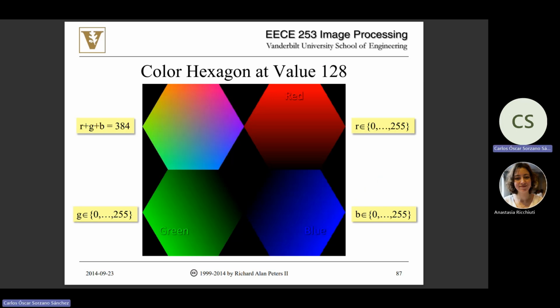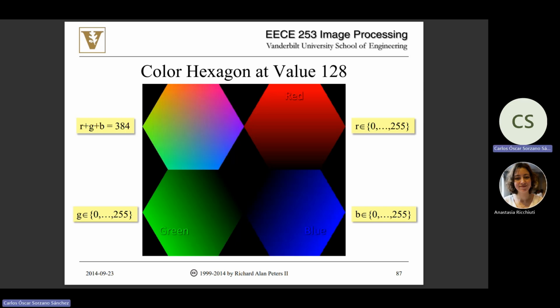And then we have very nice representations of all these ideas. Let's say that we have this plane, R plus G plus B equals 384. Now we separate the three channels, and they are separated here. You recognize where the red axis is, the blue axis is here, and the green axis is there.